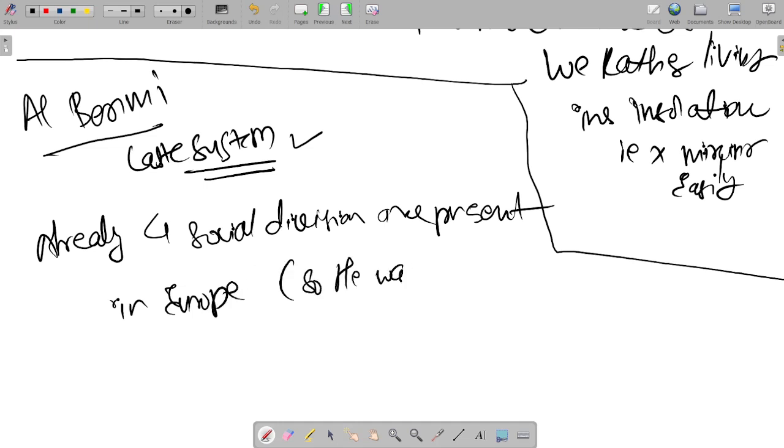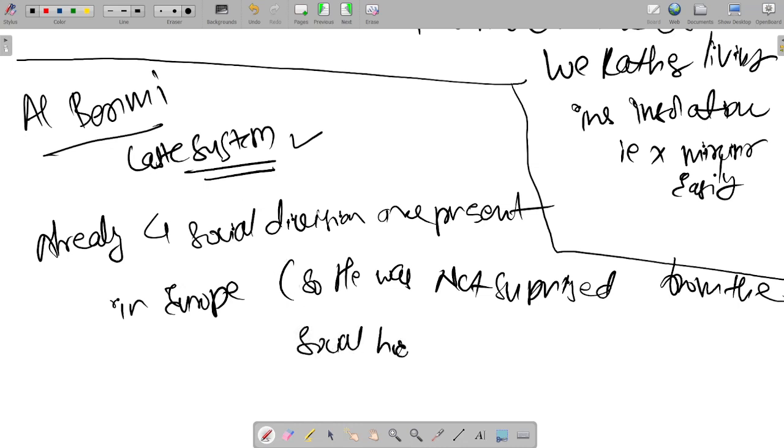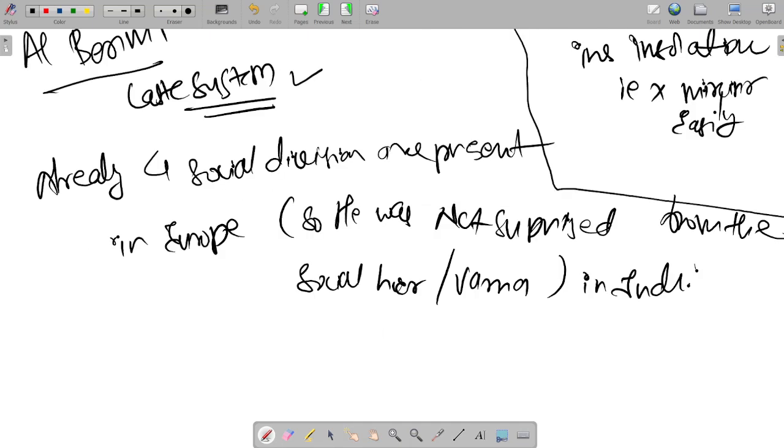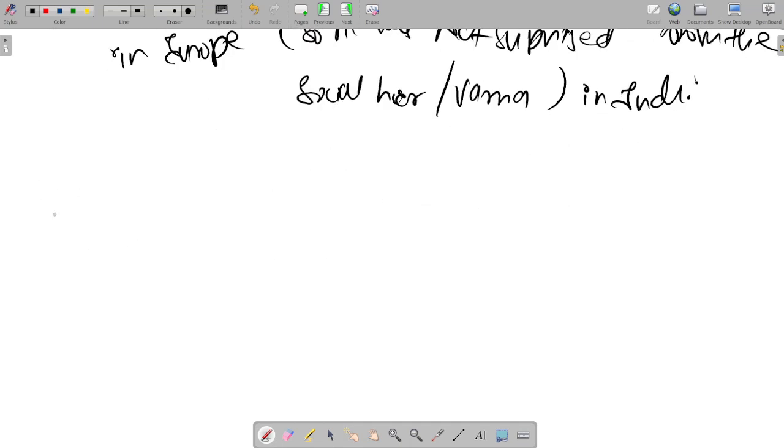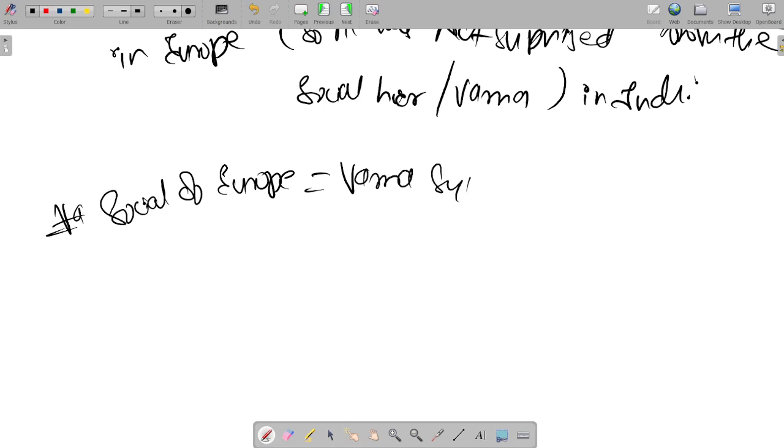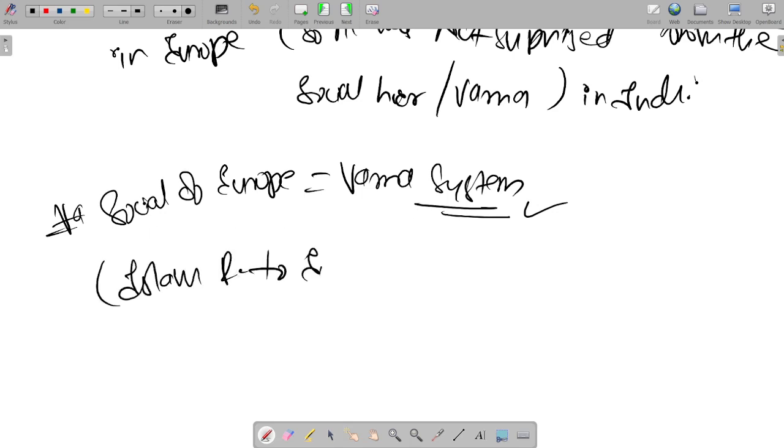So he was not surprised by the social hierarchy or Varna system in India. He was considering the Varna system like the caste system or social hierarchy of Europe. But he kept Islam religion as an exception. He said in Islam all are considered equal.